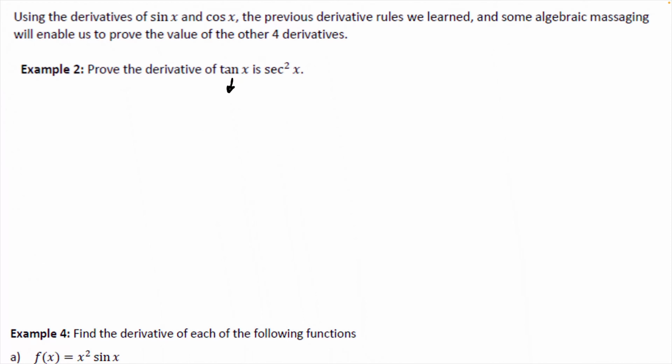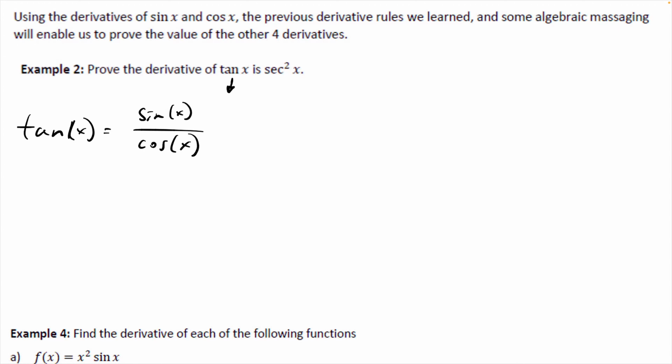So, in other words, isn't tangent the same thing as sine of x over cosine of x? Right? Because if sine is y over 1 and cosine is x over 1, then tangent is sine over cosine, y over x.